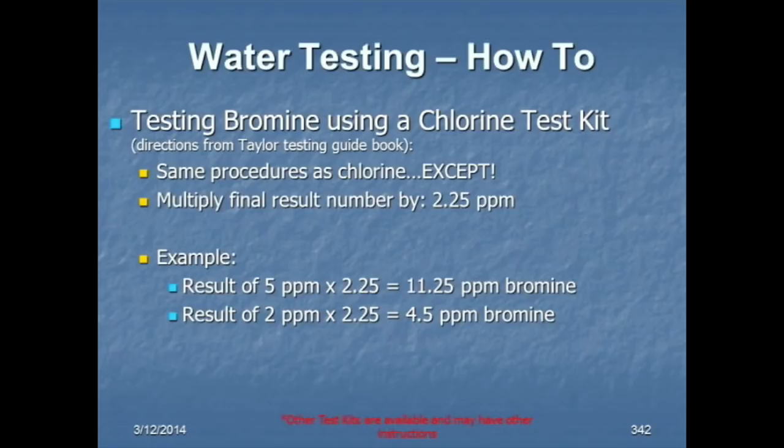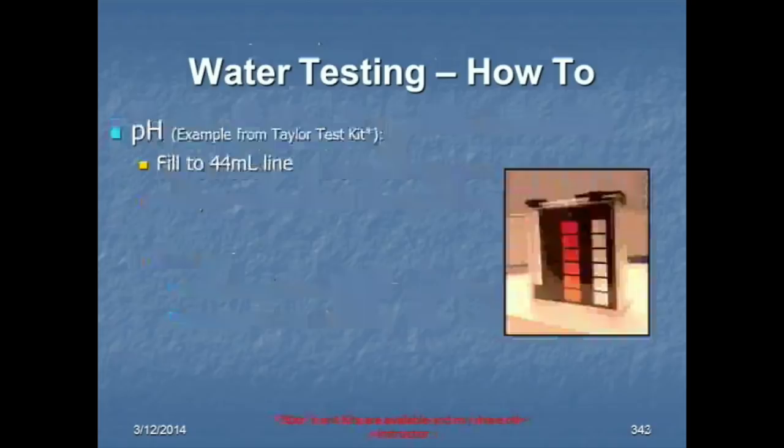If you had a 2 part per million result with your chlorine kit in a bromine pool, you would actually have a 4.5 part per million bromine concentration in your pool.